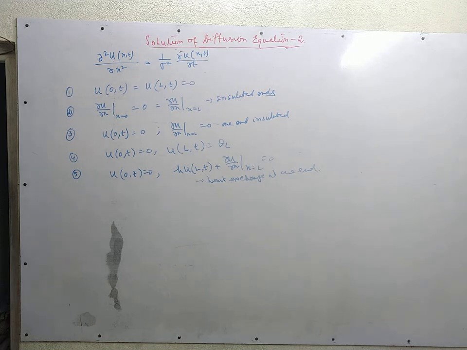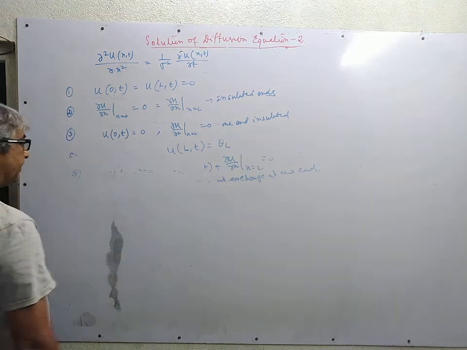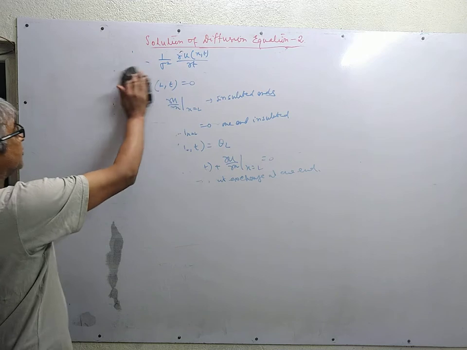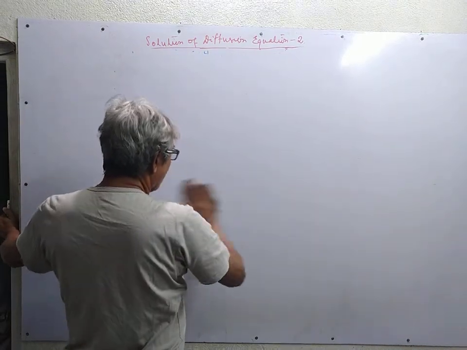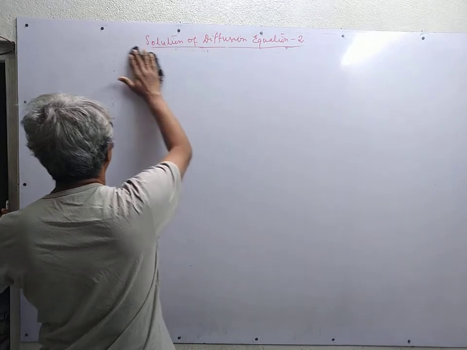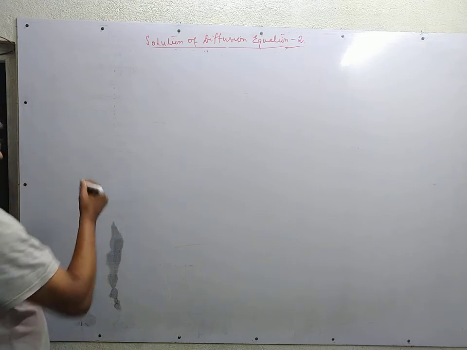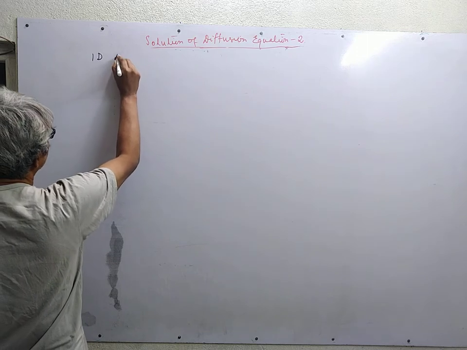Now we shall continue our discussion on the one-dimensional diffusion equation, but this time we shall consider the curvilinear coordinate system. So, the 1D diffusion equation in curvilinear coordinates. To be specific, we shall consider the transient state of heat flow having spherical and cylindrical symmetry.